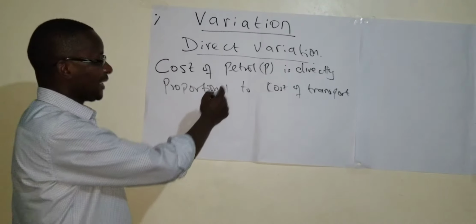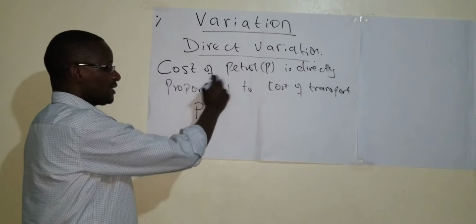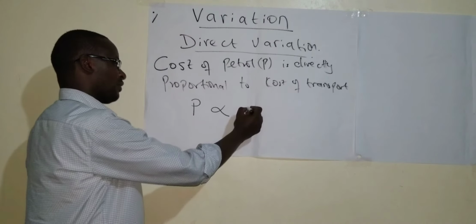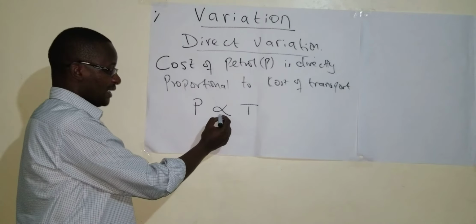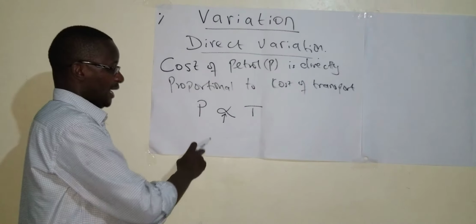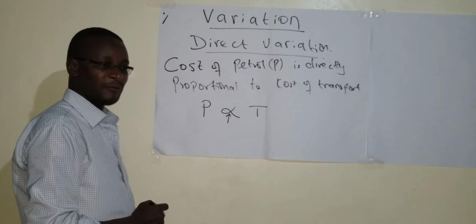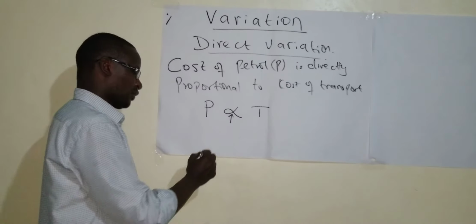So in this one, we can relate mathematically that P, which is the cost of petrol, is directly proportional to the cost of transport. Let's call it T. So this sign here is the sign of proportionality. And when we write it, we cannot work it out like that. We have to change it to equals, the one we are normally used to.